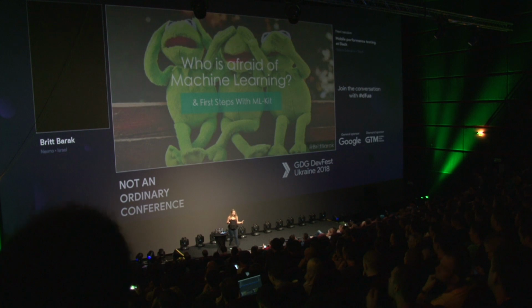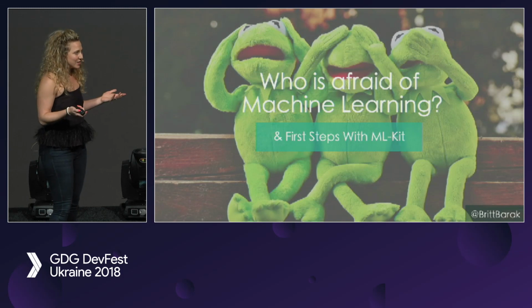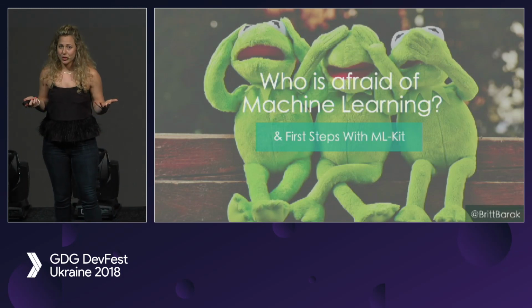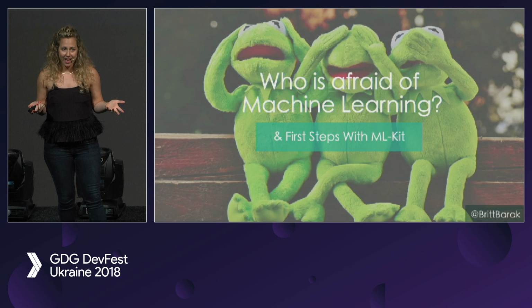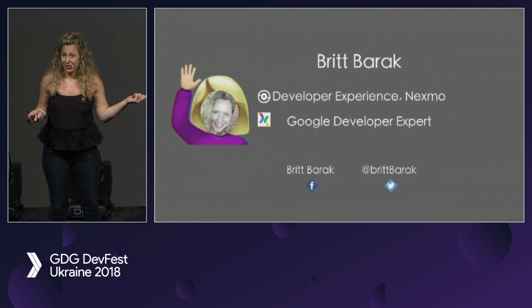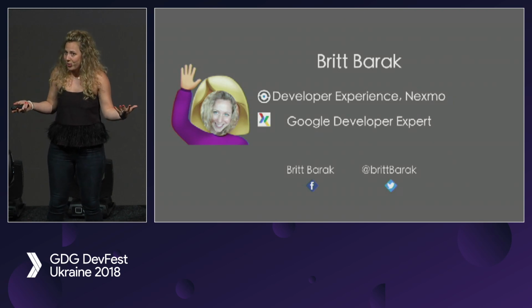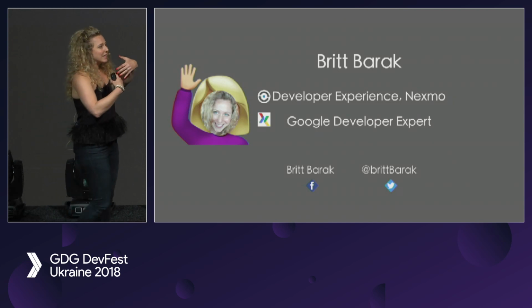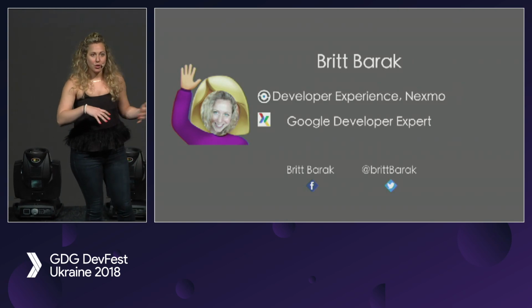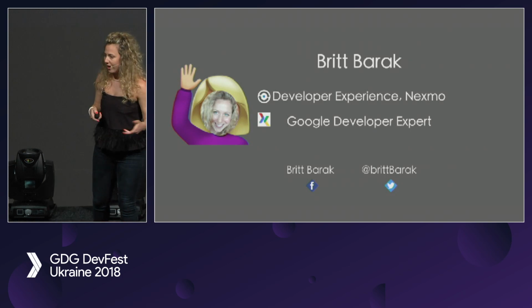I created this talk and this blog post because, as I said before, everyone was excited to talk about machine learning, and me, as an Android developer, I was kind of afraid of it because everyone was talking about it and I didn't know what they meant. So basically, this is how I wish all these topics had been explained to me as a developer.